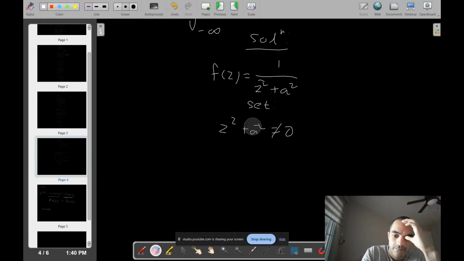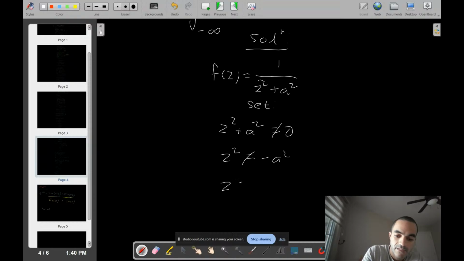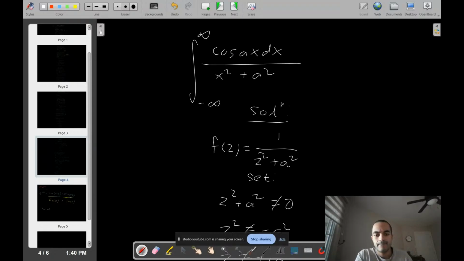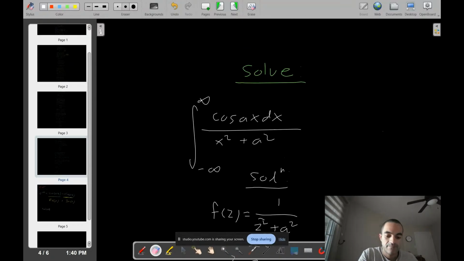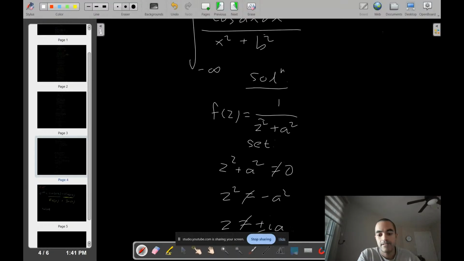We want to get our singularities here. z squared equals negative a squared, therefore z equals plus or minus ia. Oh, sorry, that's supposed to be x squared plus b squared. I was trying to make it different than the top. The original problem was z squared plus b squared.